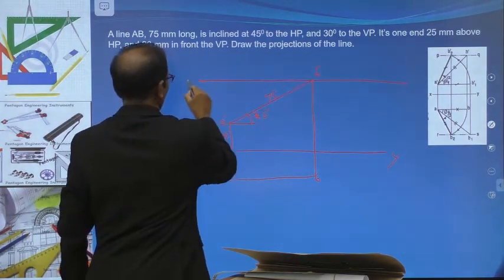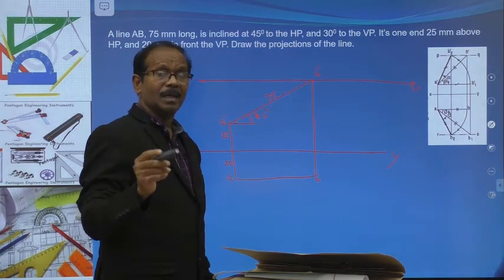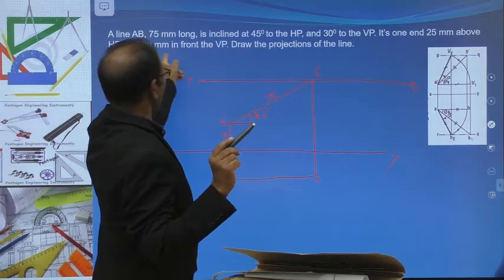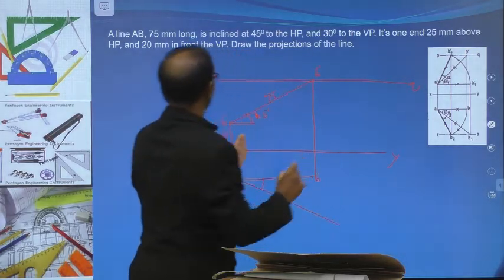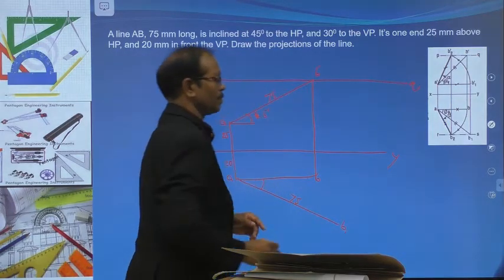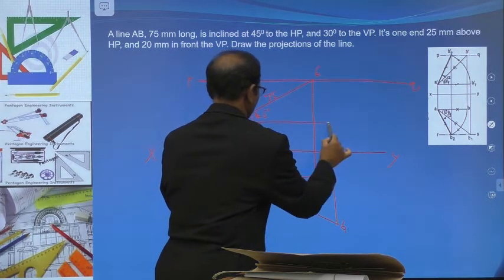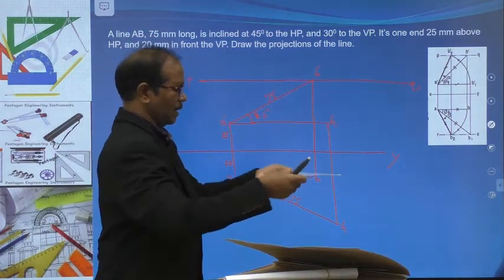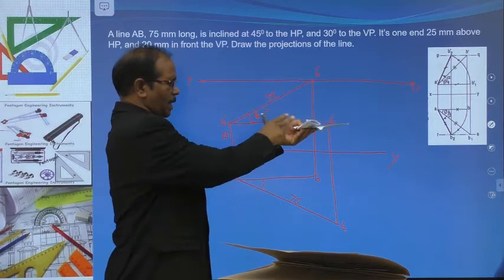Let's call it PQ. Now, in the second step, assume the line is inclined to VP at 30 degrees, with length 75 mm. Let me call this B1, and this is B1 dash. This is the front view. The same procedure: assume the line inclined to VP and parallel to HP.